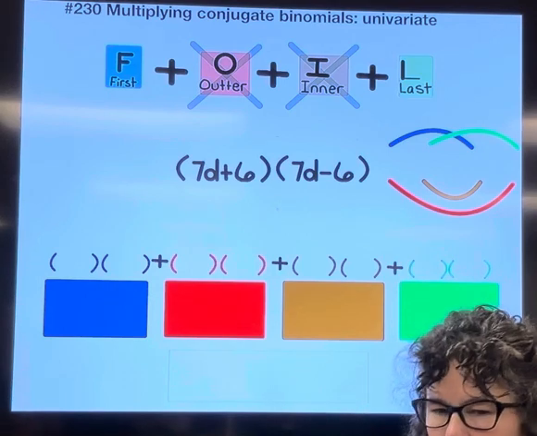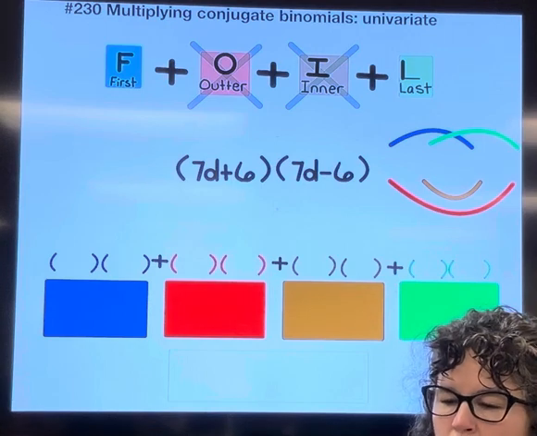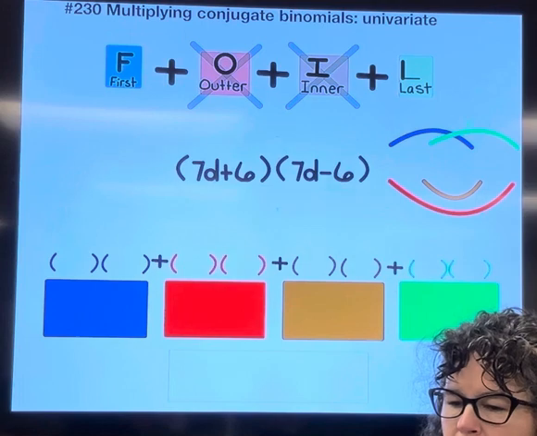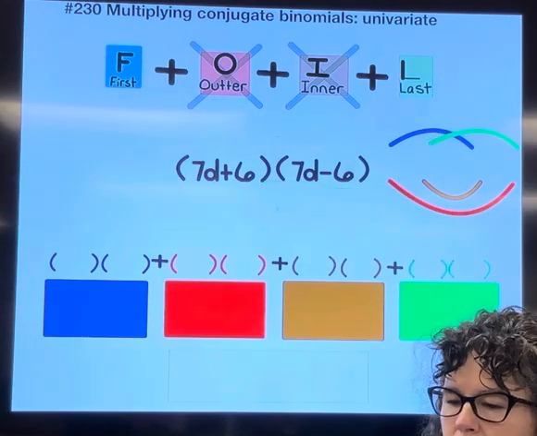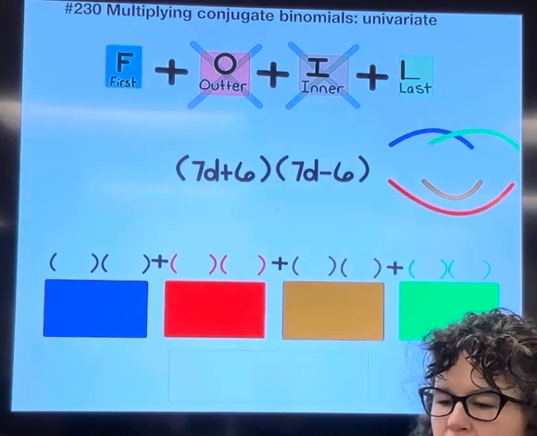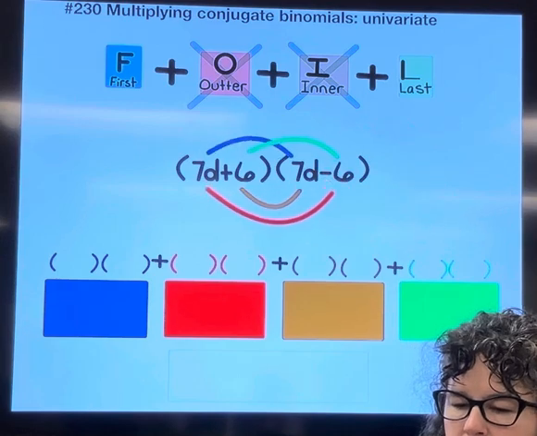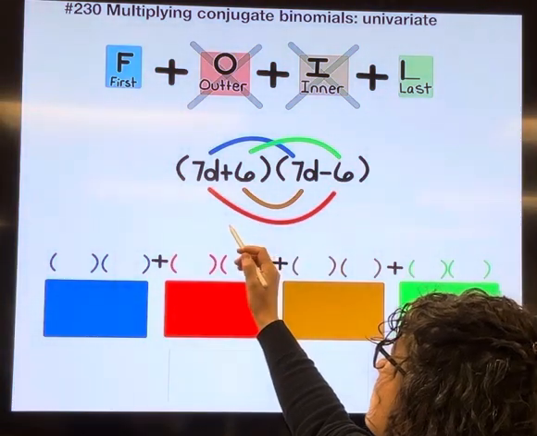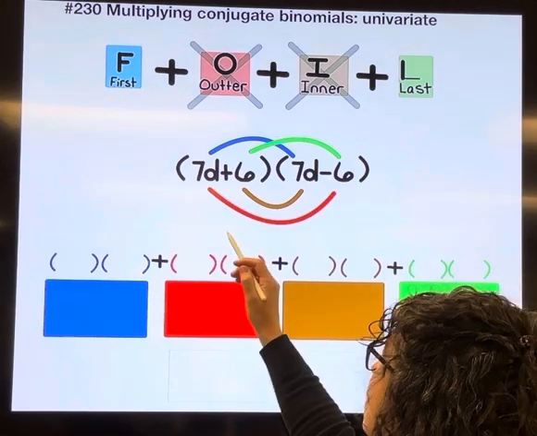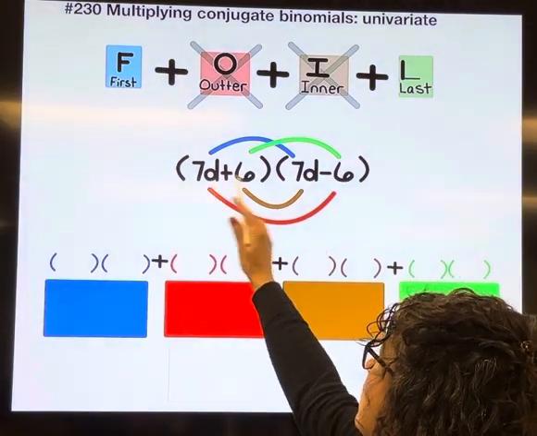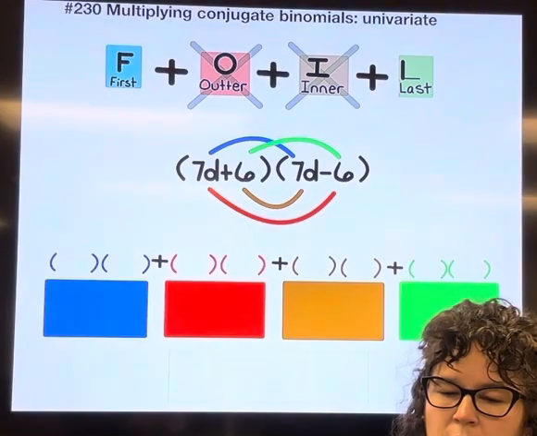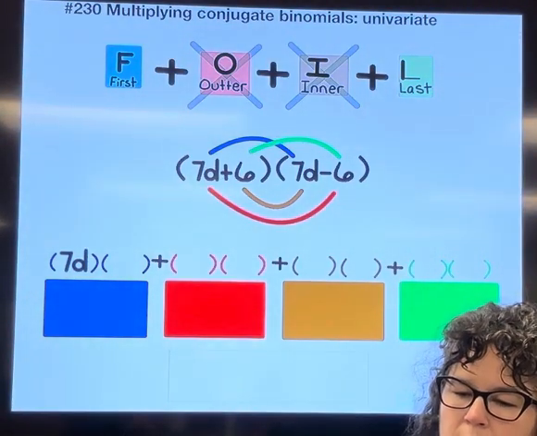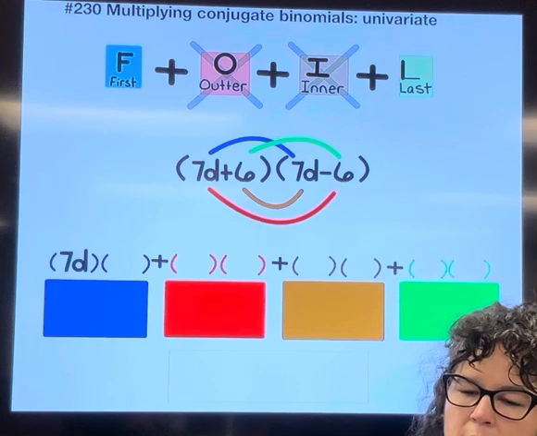Okay, so for this one here, I'll grab my little smiley face to help us see what's first, outer, inner, last. So what's first here, I have 7D and 7D, those are in the front. So I'm gonna put those here and here.